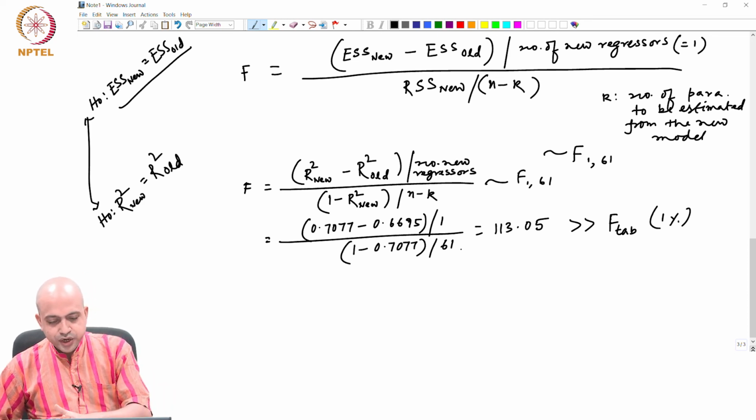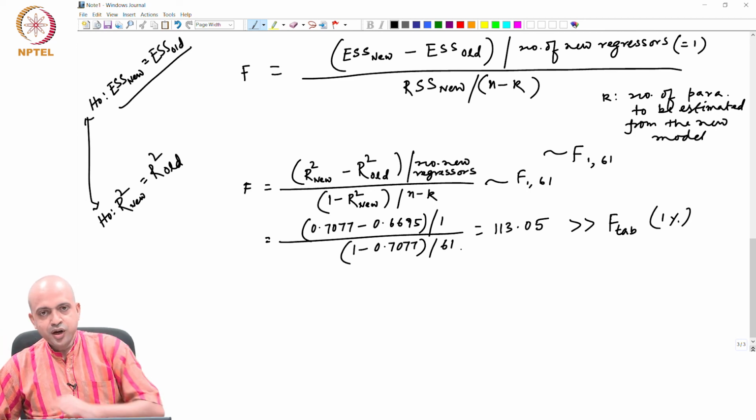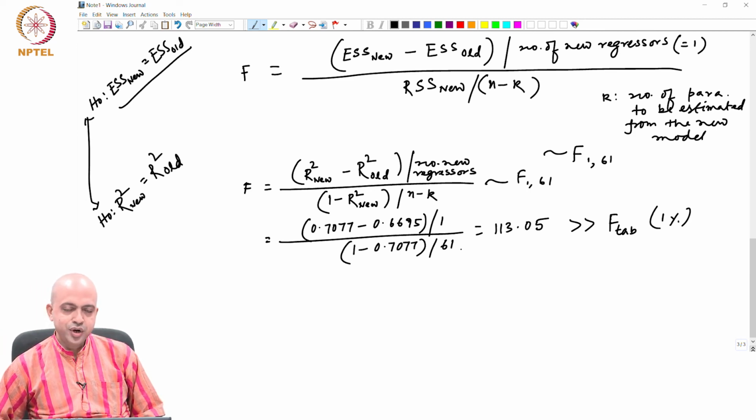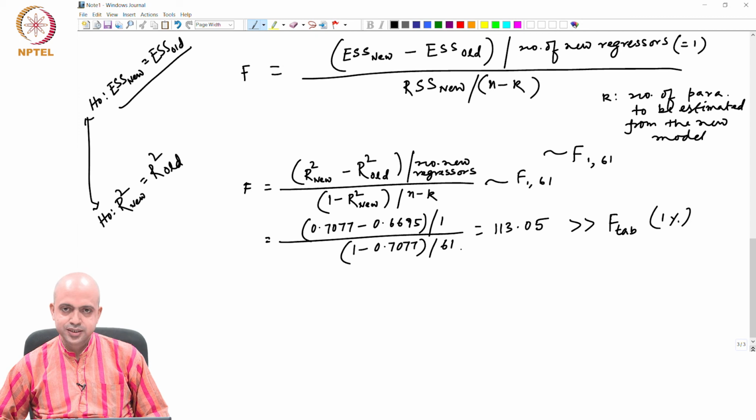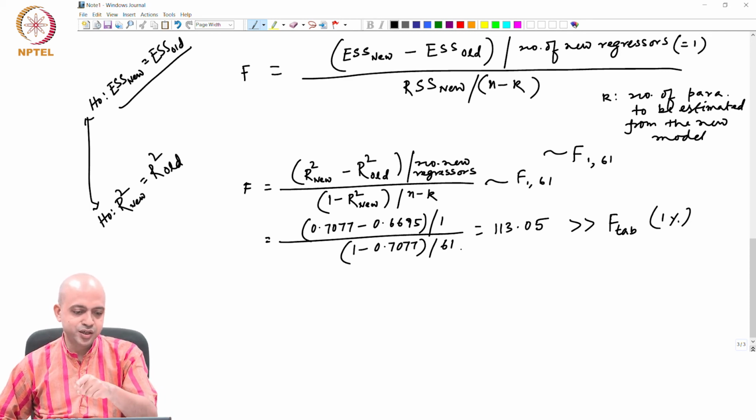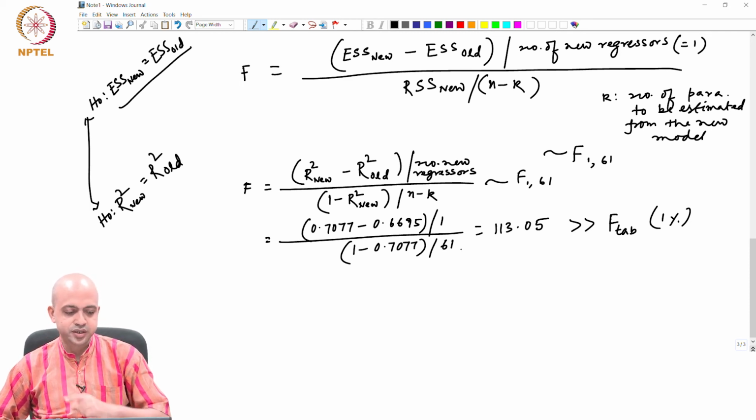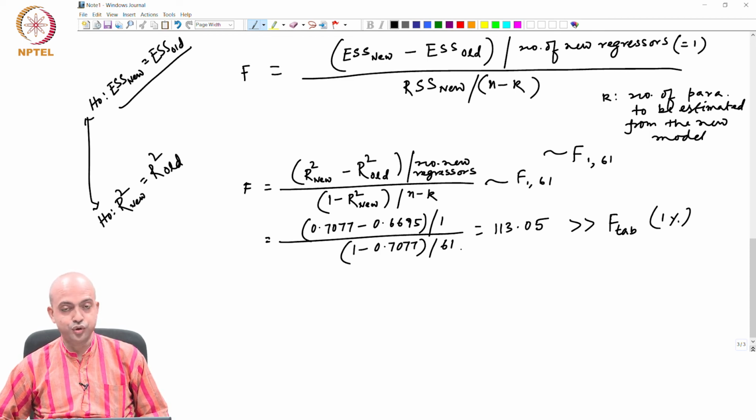Once you get your F value, compare it with the tabulated one, and if your calculated value is greater, you can reject the null hypothesis, either ESS new equals ESS old or R square new equals R square old.